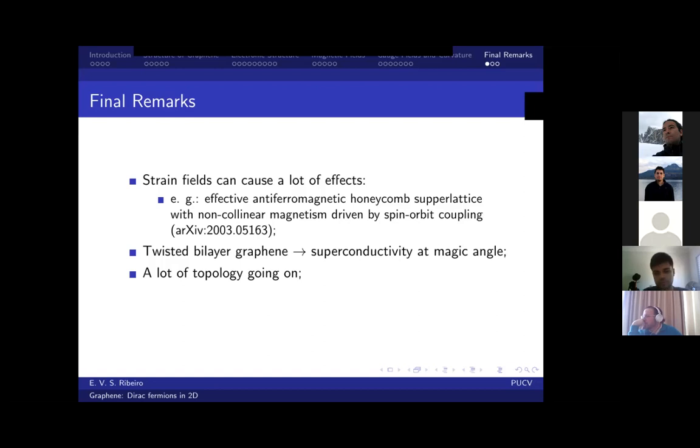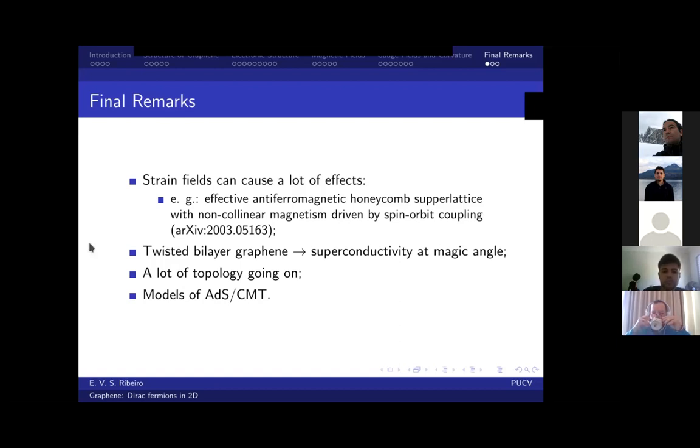All of this is related to boundary states that can conduct electric current while the bulk state is an insulator. So this is the whole thing of topology in condensed matter physics. And it also has to do with Berry phases, Berry connections, etc.